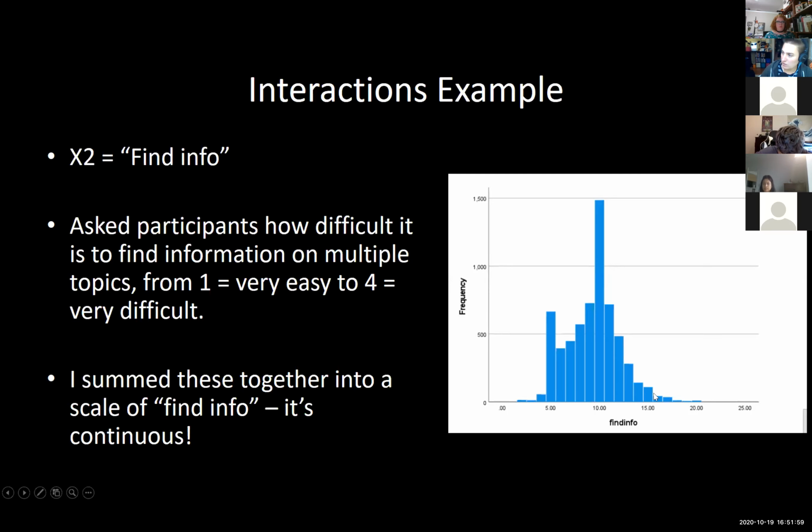It goes from 0 to 20, with a mean of about 9. So it's adding them all together. It's pretty easy to find information on all these various topics for all these various people. So we have 3 variables. We have finding information, we have doing activities inside your own house, and we have going out.